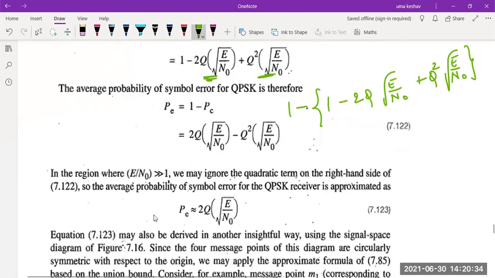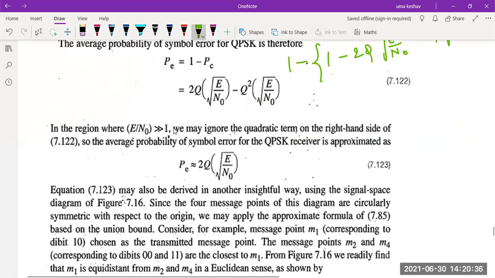And please remember, in the region where E by N naught is more than 1, so whenever we have the signal energy to noise ratio greater than 1, we can ignore this quadratic term, or the Q square term, because its value will be very small. Error will be very less whenever I have a sufficient signal to noise ratio. So whenever SNR is higher, the error will be minimized.